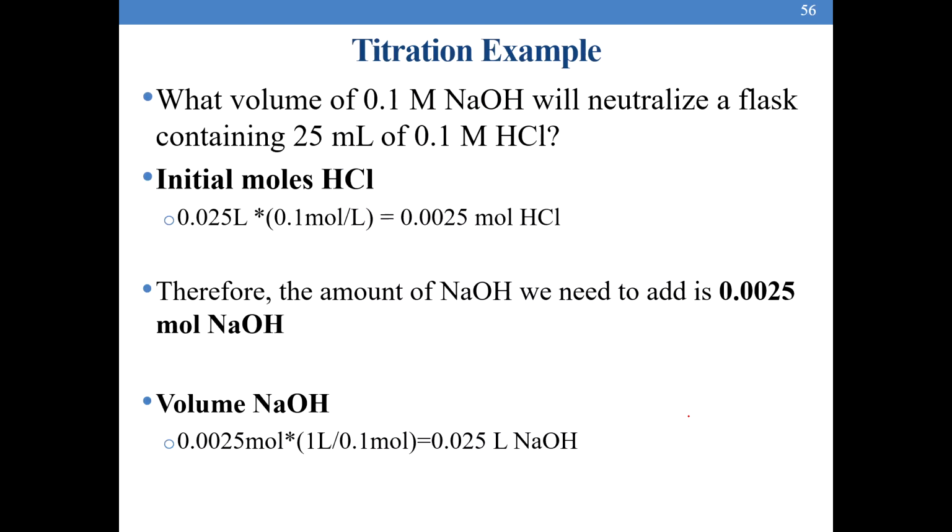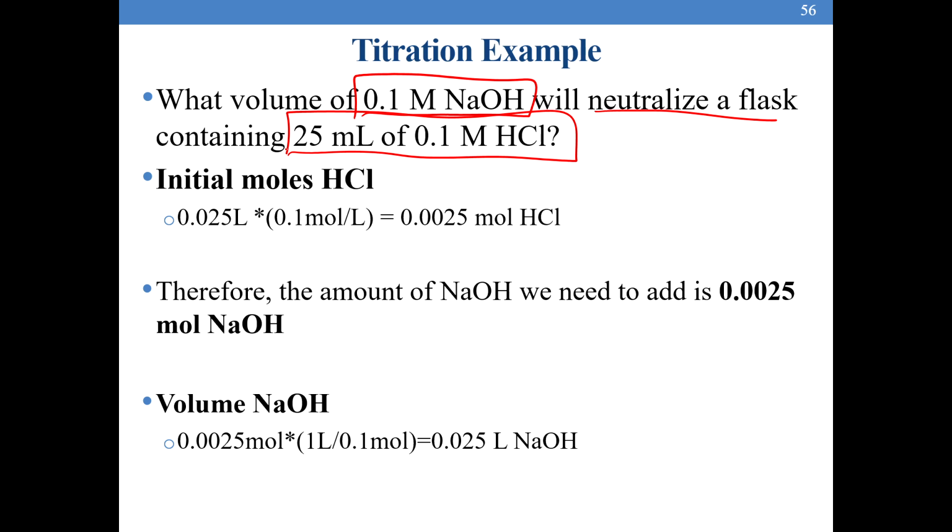So let's actually see this example. I have all the answers here, but I want you to go through it because it's like, whoa, what does it all mean? All right, so the question would be, what volume of 0.1 molar NaOH will neutralize a flask containing this much? So this is working in the direction where you need to figure out what volume would be coming out of the burette for my example, okay?